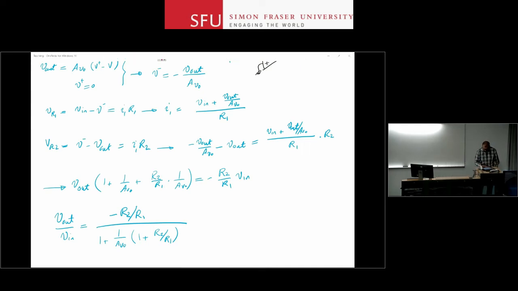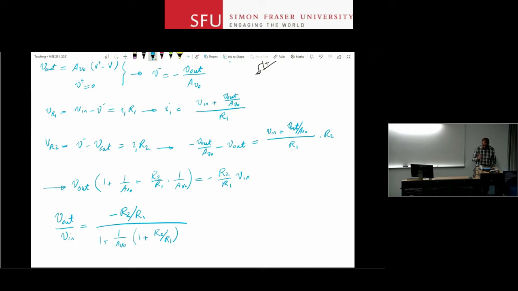You can see that if A V naught goes to infinity, this term goes to 0, and I have the equation that I had before. So I'm going back to minus R2 over R1 for the gain of this circuit. Then you can do the same analysis for the non-inverting configuration.